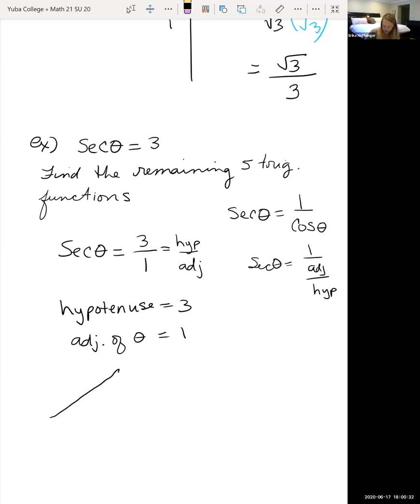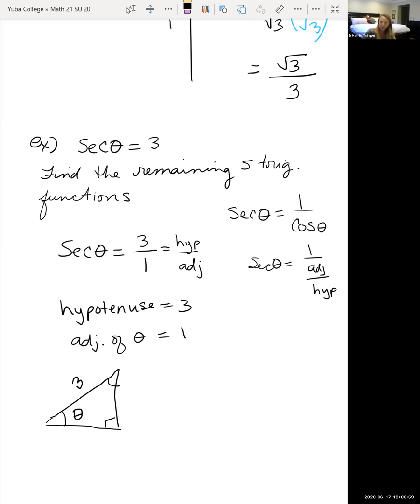So make a right triangle. This is not to scale. And it doesn't matter where you put theta as long as it's not where the 90 degrees is. So we know hypotenuse is across from the 90 degrees, that side, so that's 3. Again, this is not to scale. Let's put theta on the bottom left.